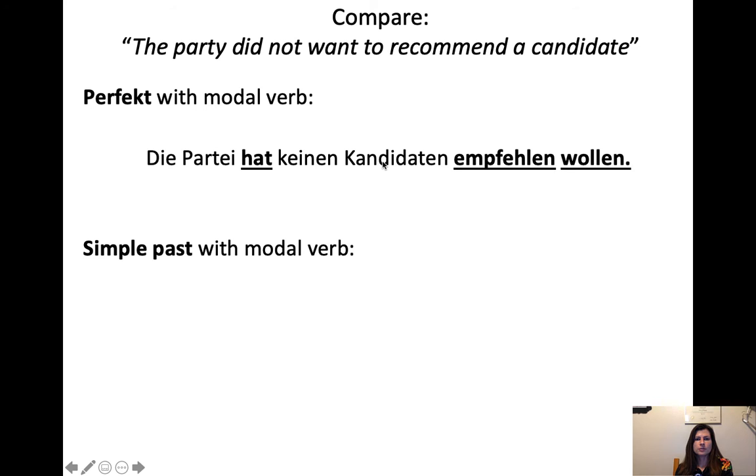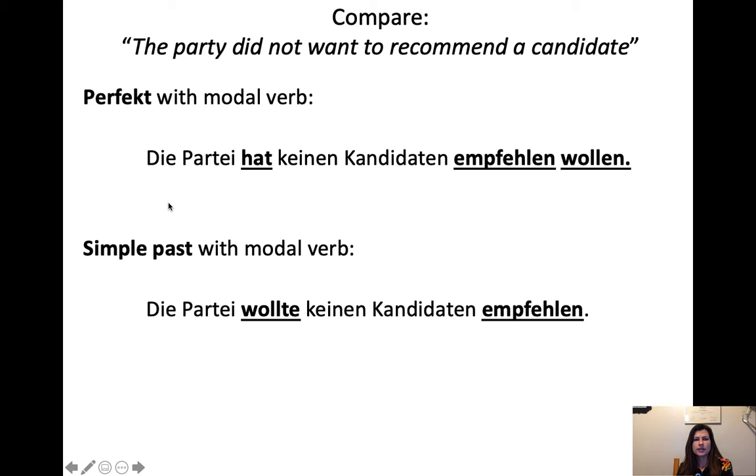So the simple past with the modal verb, we're going to say the same sentence, but with the simple past instead, and it'll be, die Partei wollte keinen Kandidaten empfehlen. So here we've just got our modal verb in the simple past, and then we've got our infinitive at the end. Same way as if you were in the present tense, you would say, die Partei will keinen Kandidaten empfehlen.